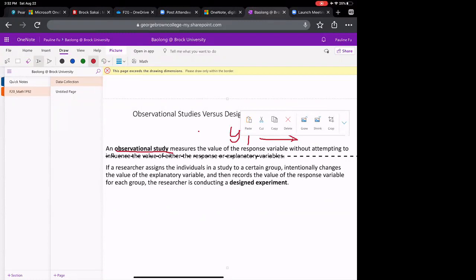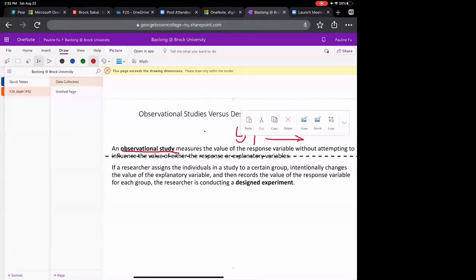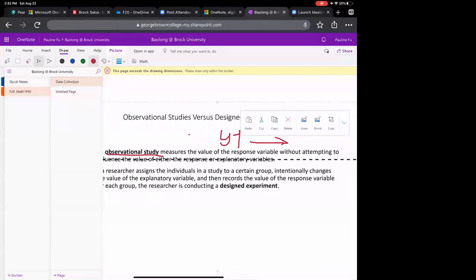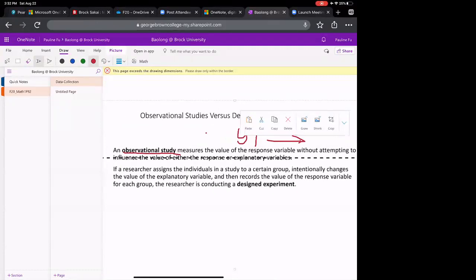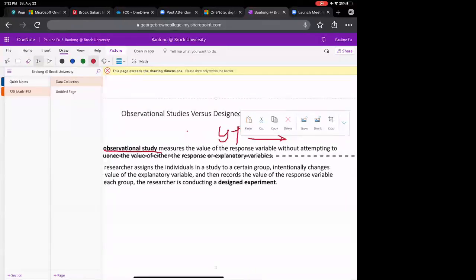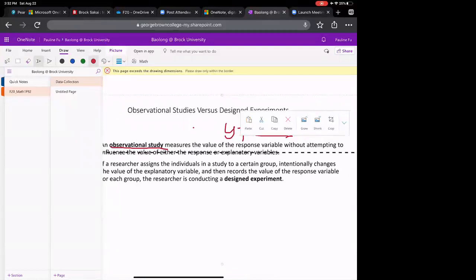However, if the researcher assigns individuals to a study group, the researcher wants to change the value of the explanatory variable. Okay, want to change X, and then record the value of Y. This is a designed experiment. Okay.